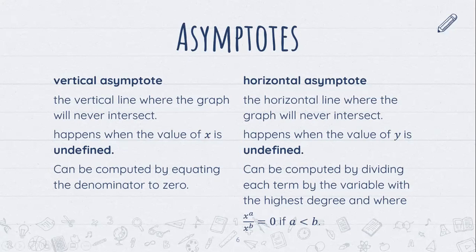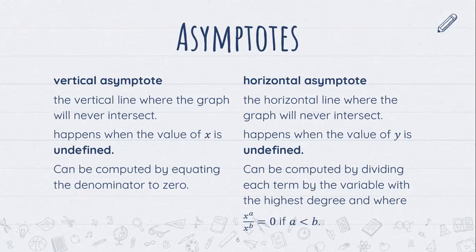Yung horizontal asymptote naman, class, ito. It is a horizontal line wherein the graph will never intersect to. And it happens when the value of y is undefined. Kung may value tayo ng y, pero imposible siya na magkaroon ng value kasi wala siyang value for x.